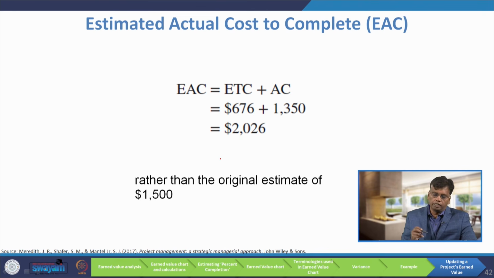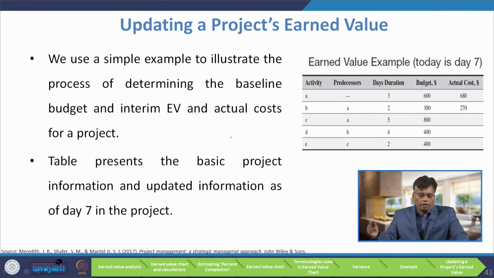From there we can find the estimated actual cost at completion. We already got ETC, and we know the actual cost, so this will be the total budget required to complete the task. Initially we planned it as only $1500, but because of this delay, instead of 1500 the cost will now be 2026.